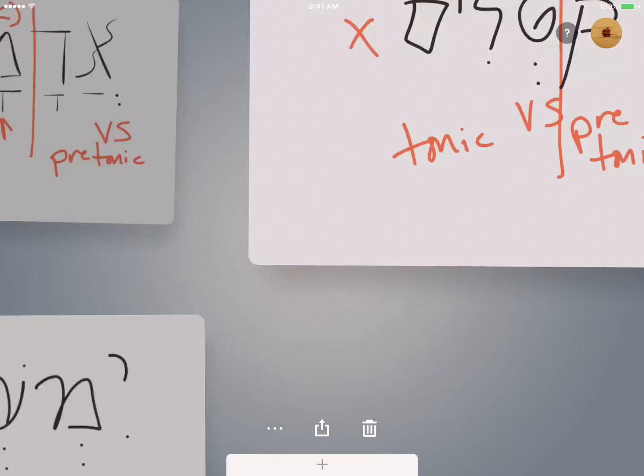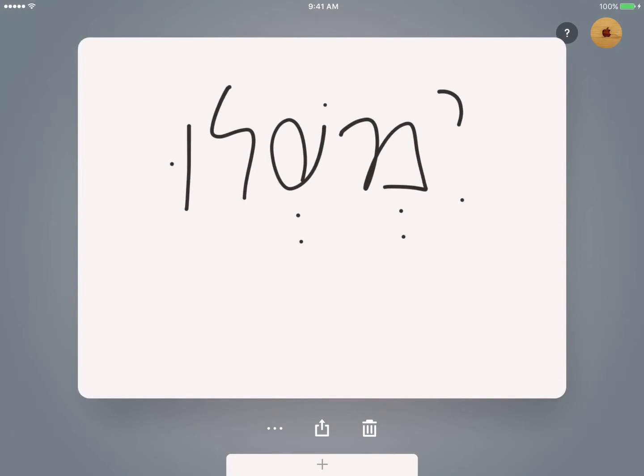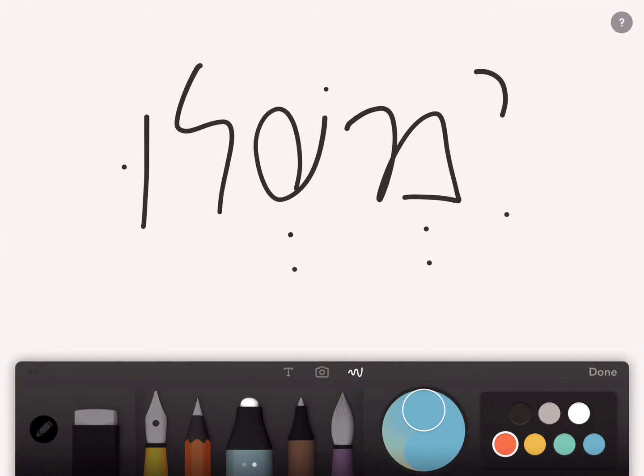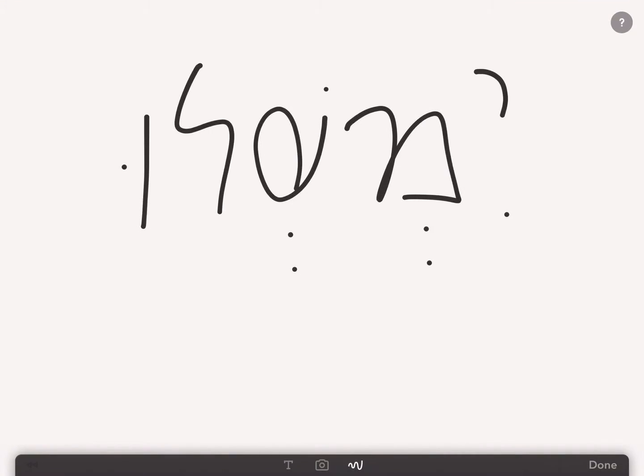This next one, I believe, is going to have, yeah, there we go. We've got two schwas in the middle of a word. So in this case, the procedure is fairly easy. When we have two schwas in the middle of the word, first thing I do is split those. Just don't even think about it. Split them. The one to the right is silent.